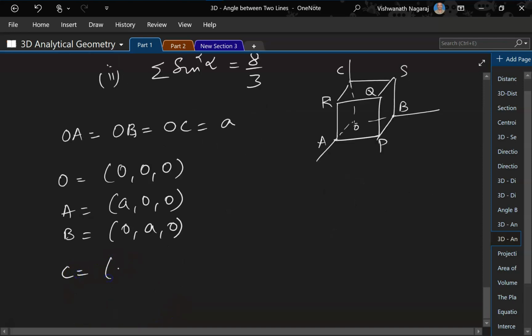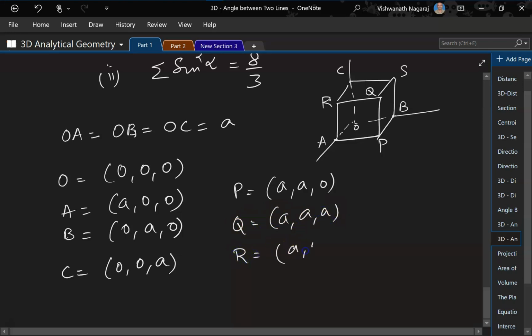C is equal to 0, comma 0, comma A. Now P is equal to A, comma A, comma 0. Q is equal to A, comma A, comma A. R is equal to A, comma 0, comma A. And S is equal to 0, comma A, comma A.